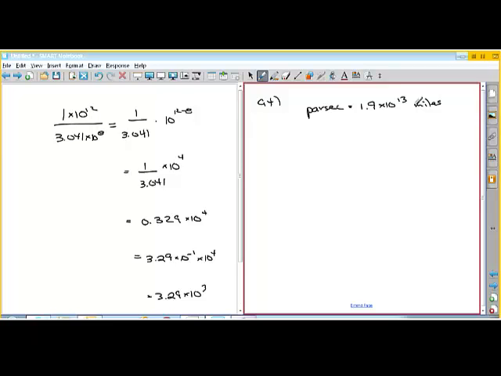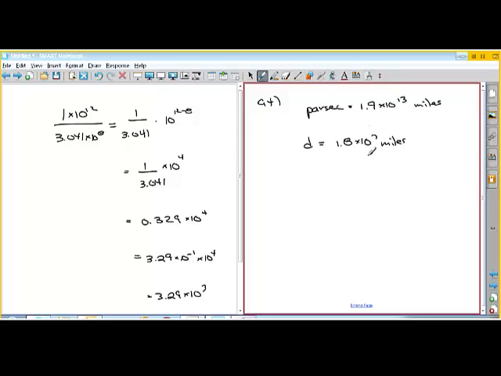The mean distance from Uranus to the Sun, I'll just say D, is 1.8 times 10 to the 7th miles. How many parsecs is Uranus from the Sun?